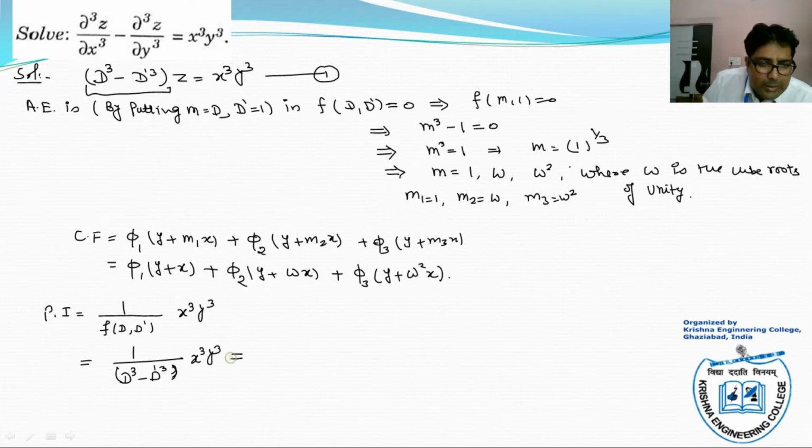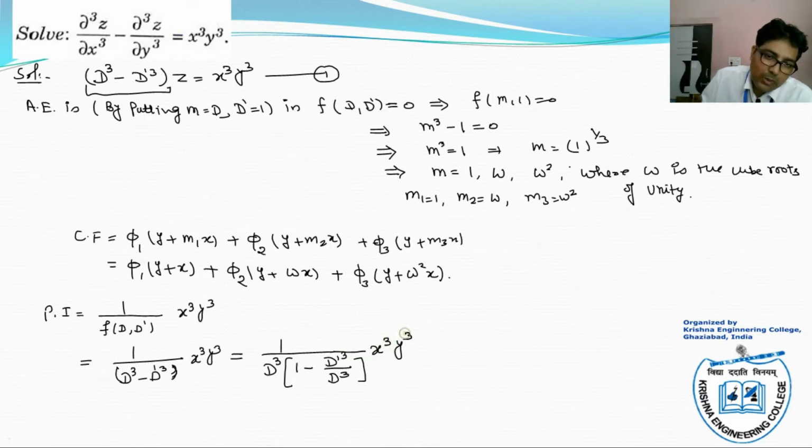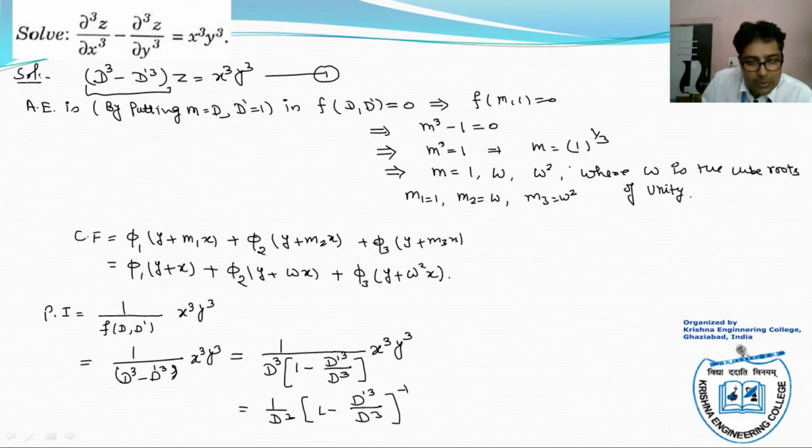In general, we take D common from the whole term. This is D cube. So take the full term of D common, then this becomes 1 upon D cube, 1 minus D dash cube upon D cube, into x cube y cube.